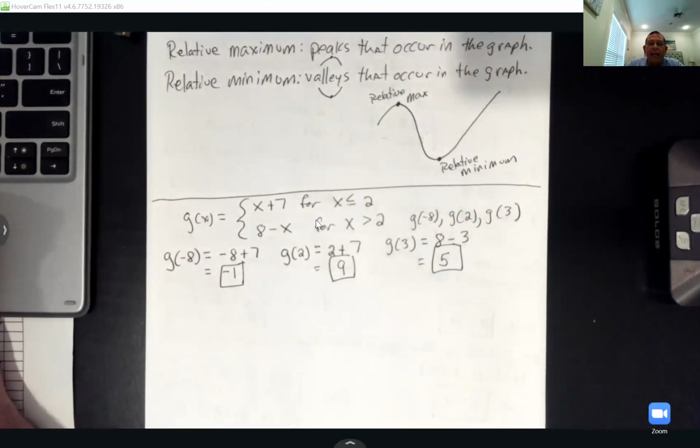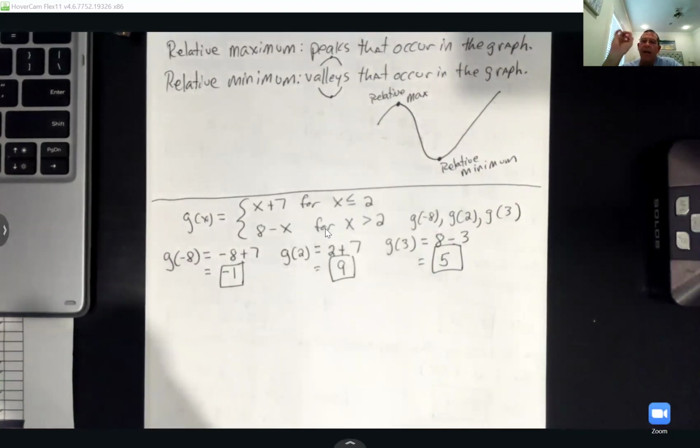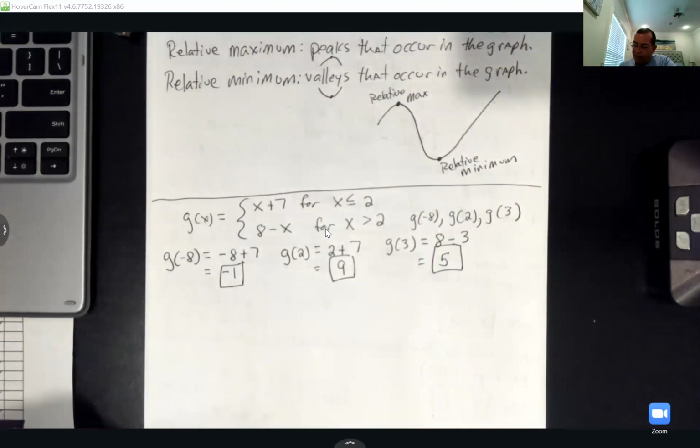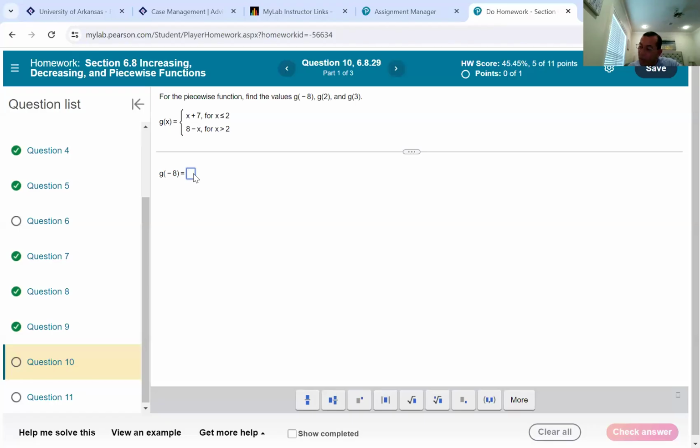So remember, the part at the end is just for you to figure out which domain you fit in, and then you grab your equation. So y'all, let's go put that in, and then we'll see what they got coming up next. All right, so G of -8, we got -1.